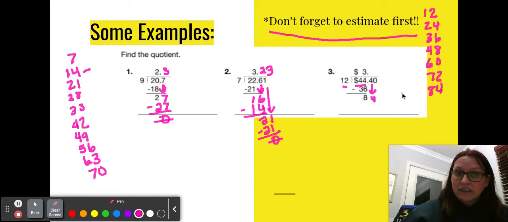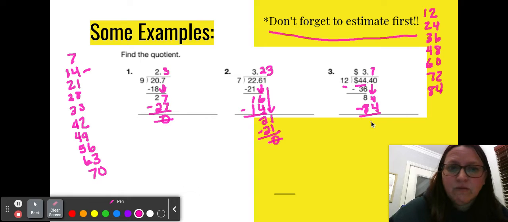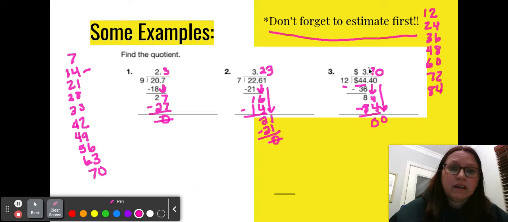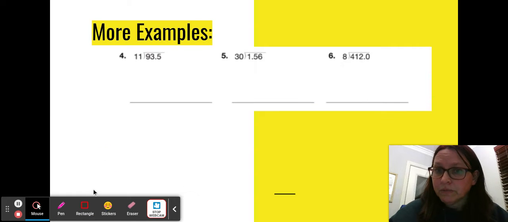Oh, look, it goes in evenly. So it goes in 1, 2, 3, 4, 5, 6, 7 times. 7 times 12 is 84. 84 minus 84 is 0. Bring down my 0. 12 goes into 0 0 times, so my answer would be 3.70.